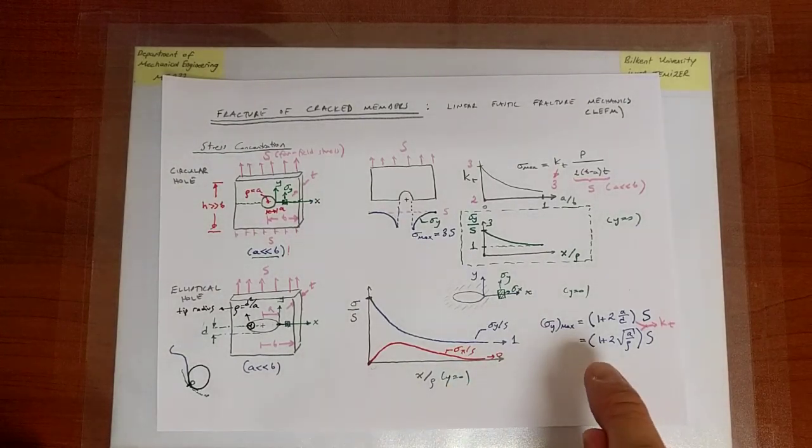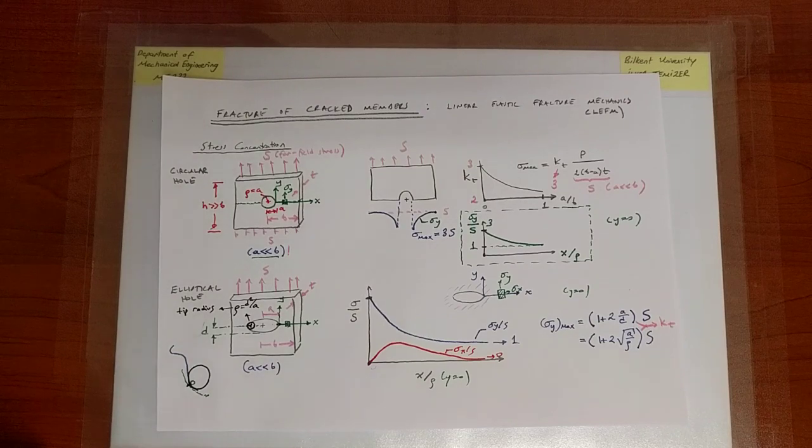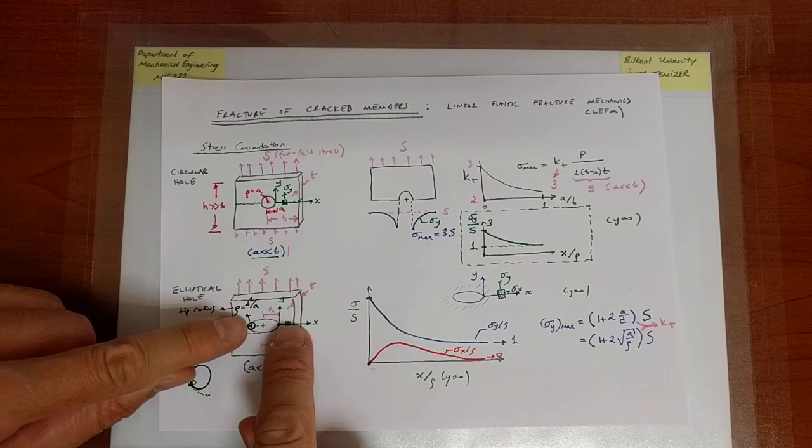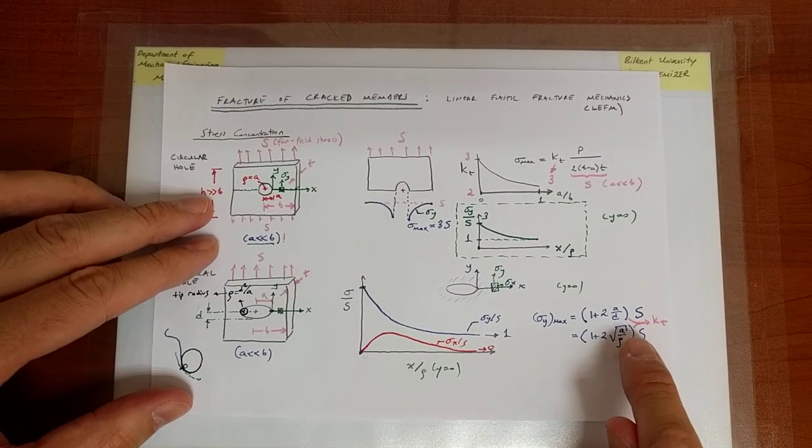Now, let's look at this stress concentration factor. The stress concentration factor is, it turns out, a function of the dimensions of the hole. What I can do is keep the half width of the hole constant, and that's a.